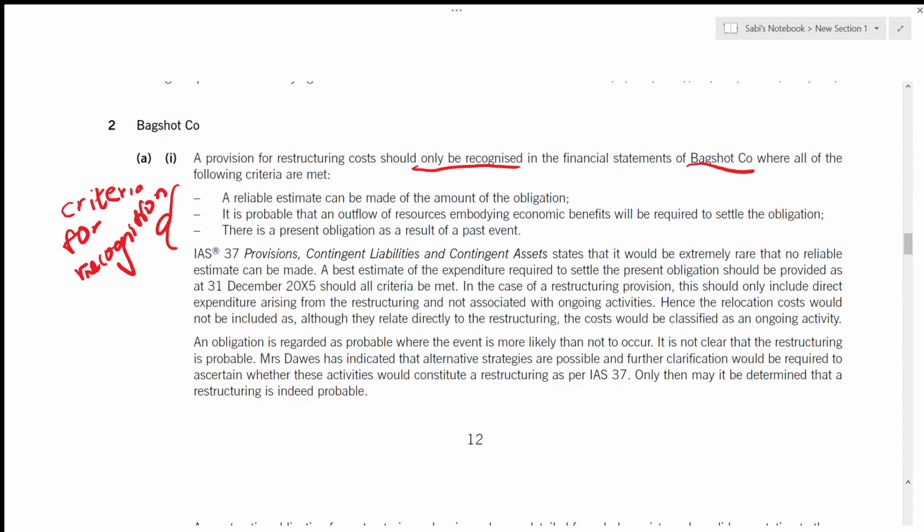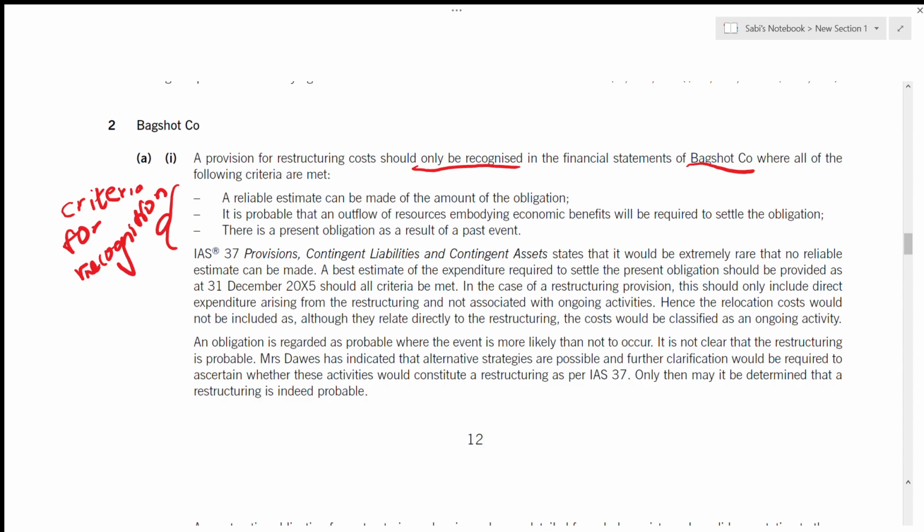Yes, money will be going out, right? Outflow of resources. Something in the future will need to be going out of your business to settle the obligation. And the third is there is a present obligation as a result of a past event. Something must have happened in the past for there to be a present obligation. If nothing happened in the past, you cannot say there is a provision for restructuring cost, right?